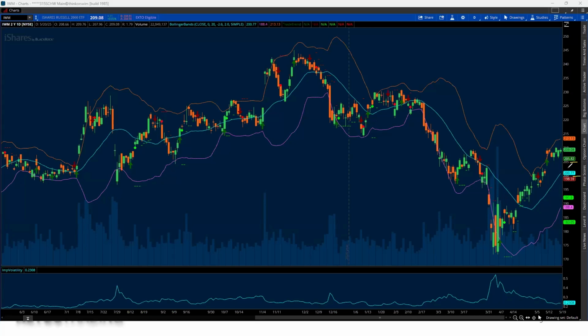So the strikes are selected based on deltas, based on support and resistance, based on probability of touch, and all those things kind of coming together.